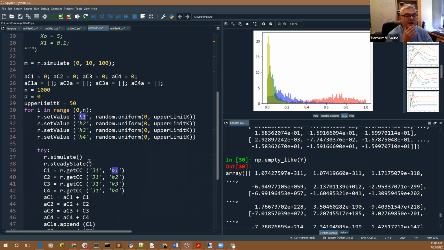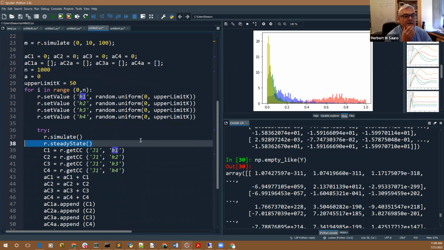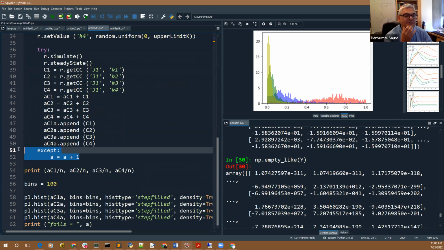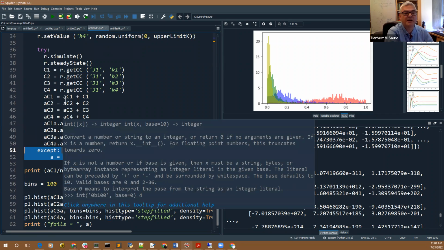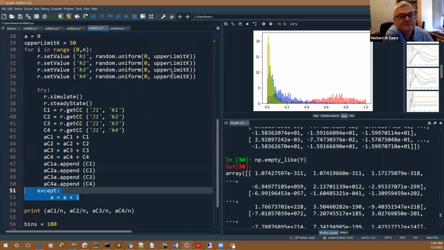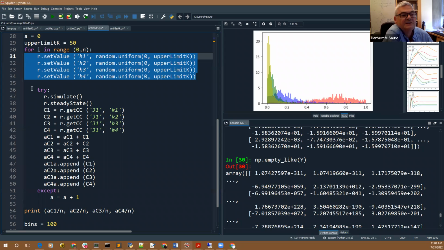Then when I do that, I'm going to ask it to compute the steady state. I put this in a try except block. That's perhaps not something we've done, but it's basically an error trap, because sometimes you may give it parameter values where it finds it really difficult to find the steady state, and then it gives an error. So I'm trapping any of those bad models and just ignoring them.